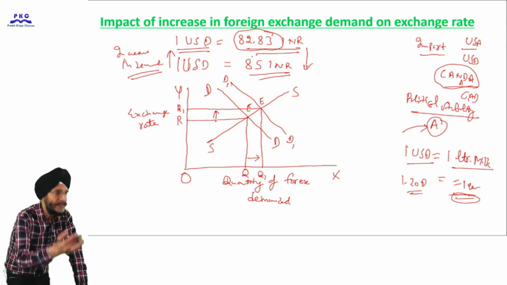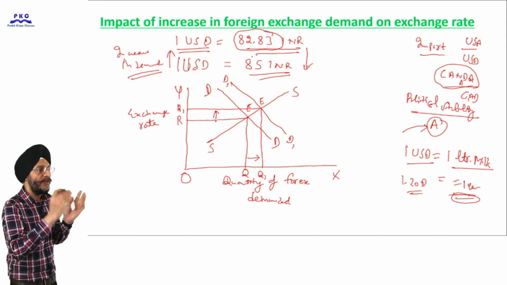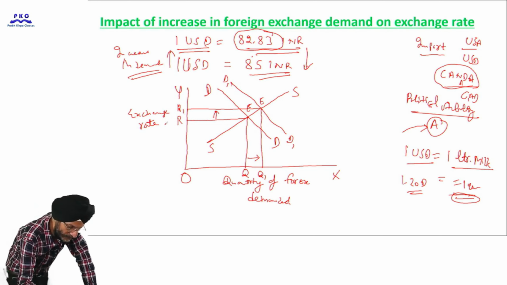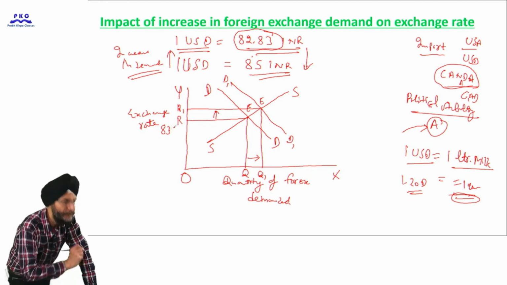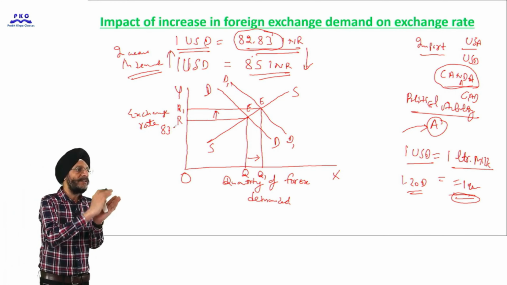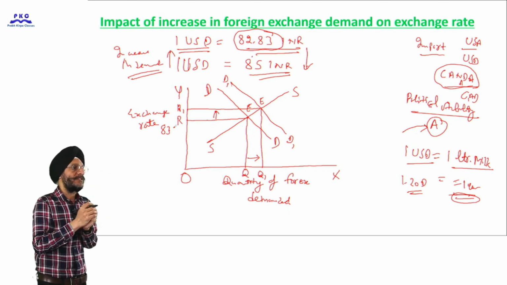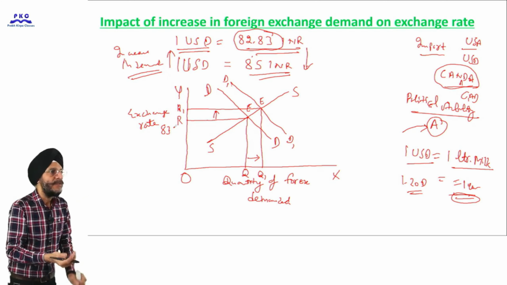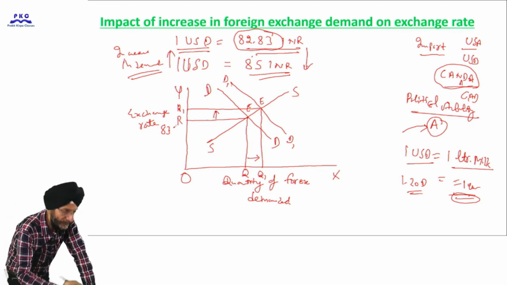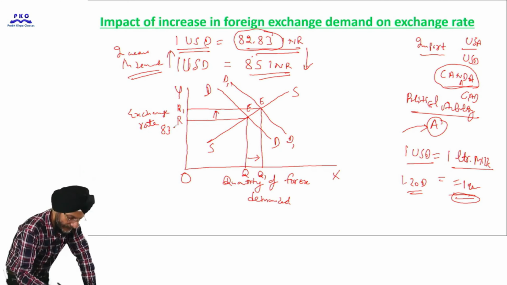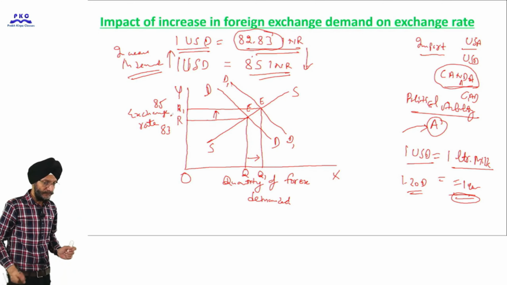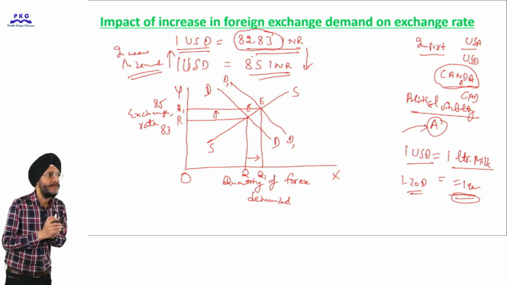We can, for example, say that if we are from India and earlier the exchange rate was $1 equal to 83 INR, that is, we used to pay 83 to get $1. But as the demand of the currency has increased at the international level, what will be its effect? When the demand increases, the foreign exchange rate also increases. So we assume that it has increased to 85. So what has happened?